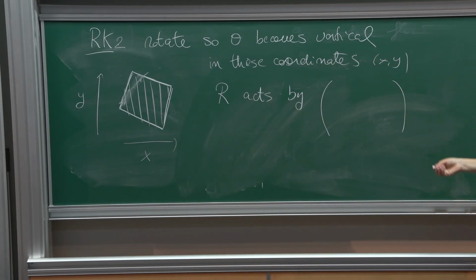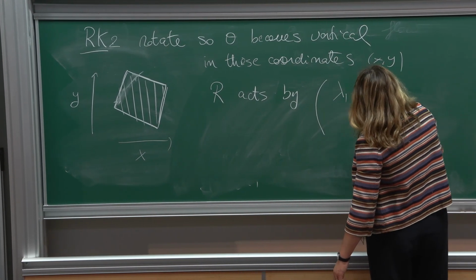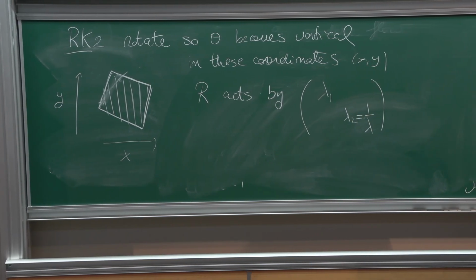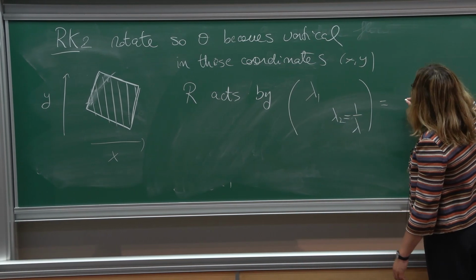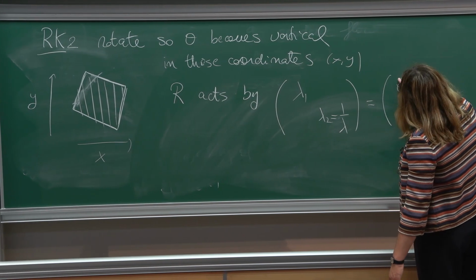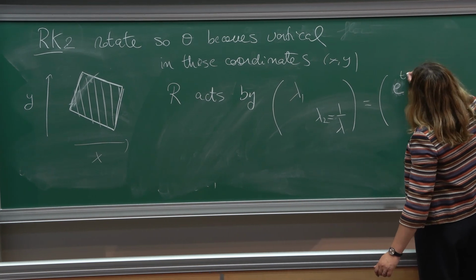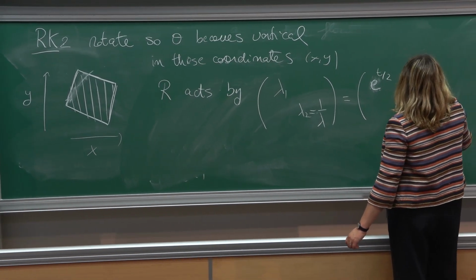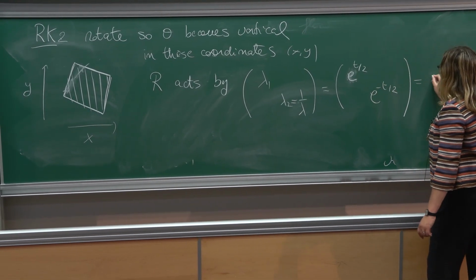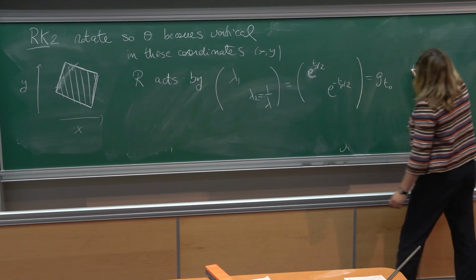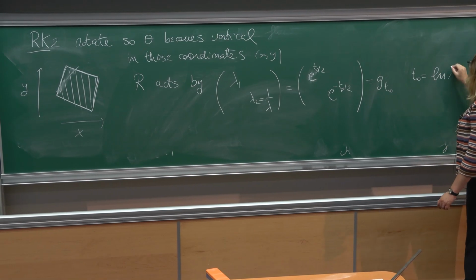So it acts by lambda and lambda 2, or 1 over lambda. And this I want to write as e to the t half, e to the minus t half, which is my gt, but let's call it t0, for t0 which is log of lambda 1.